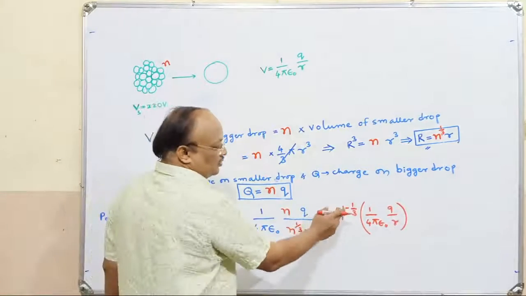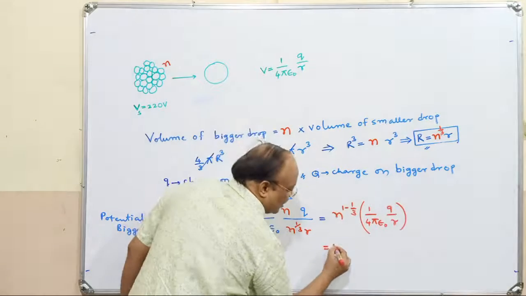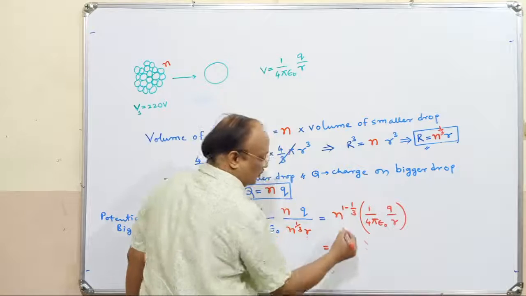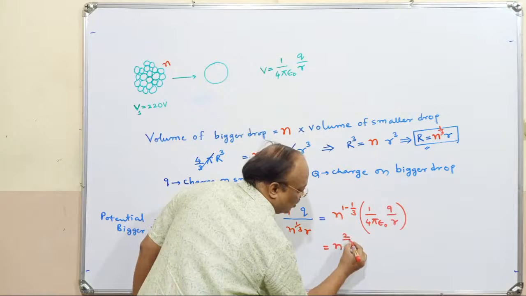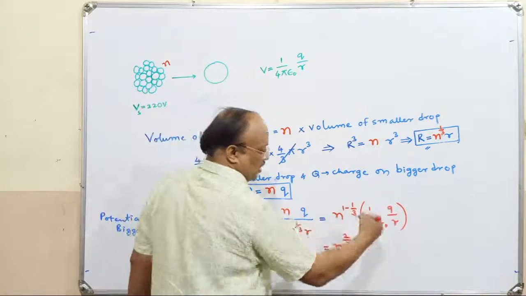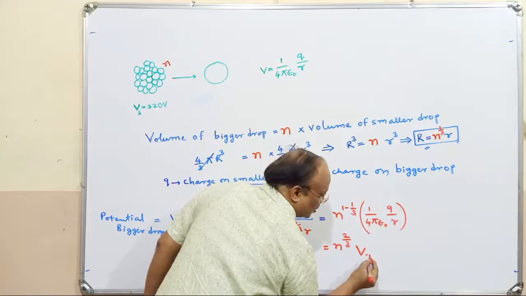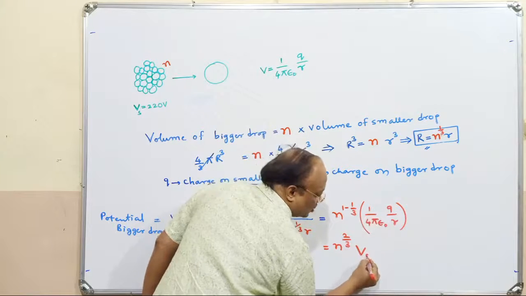So this is 1 minus 1 by 3, which is n to the power of 2 by 3. What is it? It is the potential of a smaller drop.